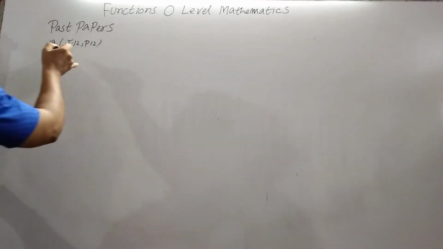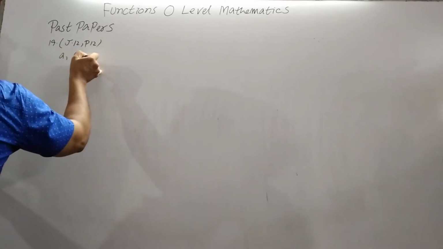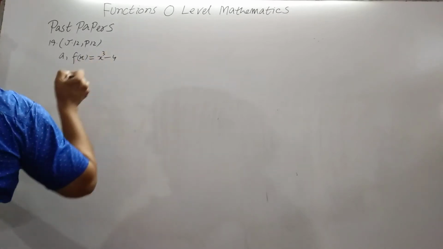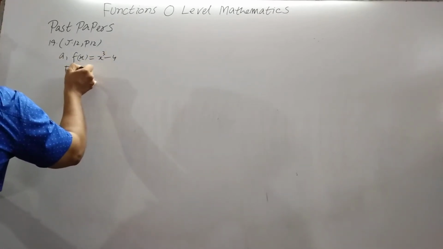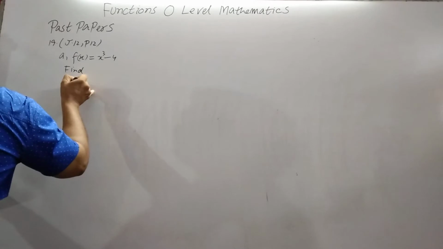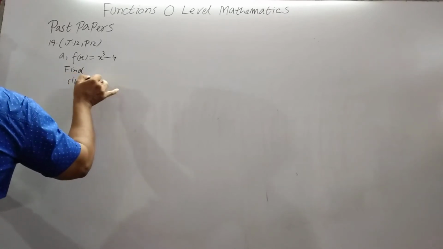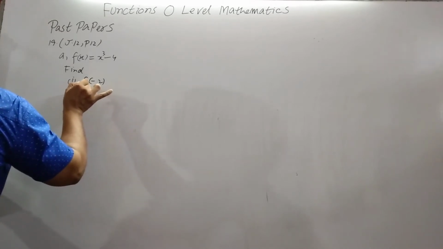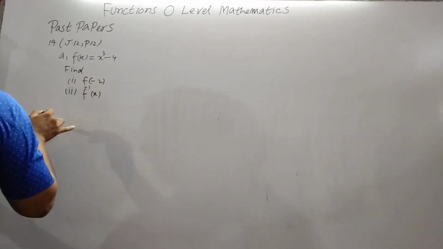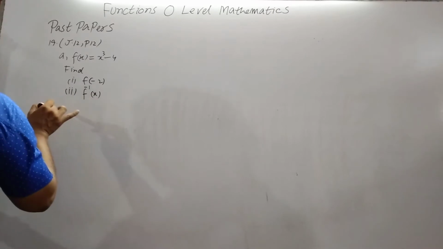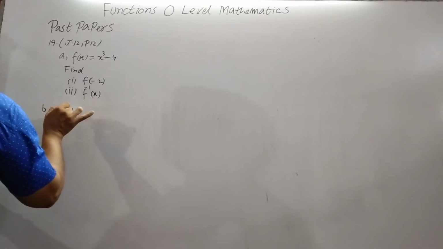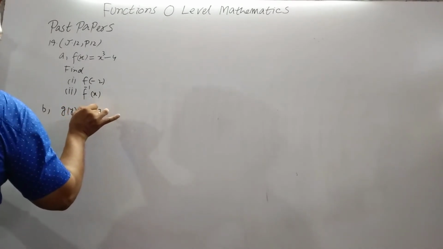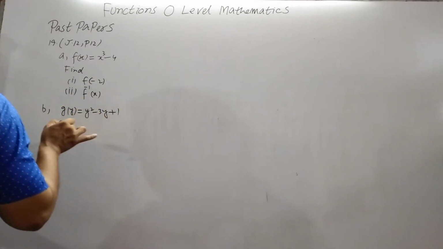Okay, in part A, given that f(x) equals x cubed minus 4, find part 1, f of minus 2, part 2, f inverse x, and part B, g(y) equals y squared minus 3y plus 1.